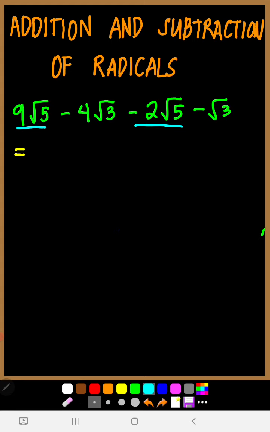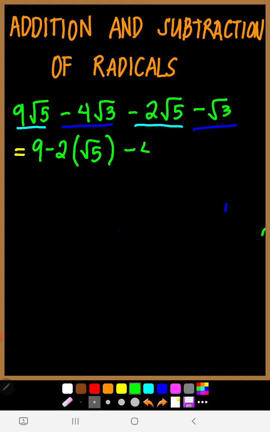Okay, so para hindi kayo malito, pwede nyong gawin na 9, tapos yung minus 2, diba? Square root of 5. Tapos yung isa naman, pagsasamahin natin, negative 4 square root of 3, tsaka negative square root of 3.